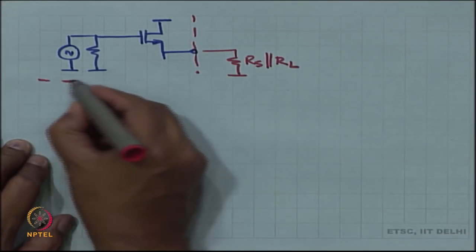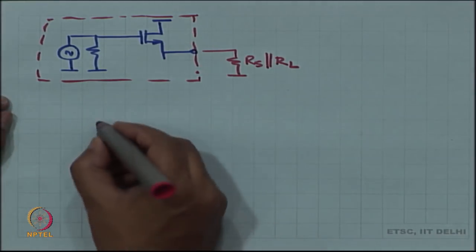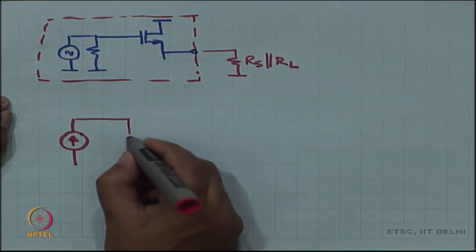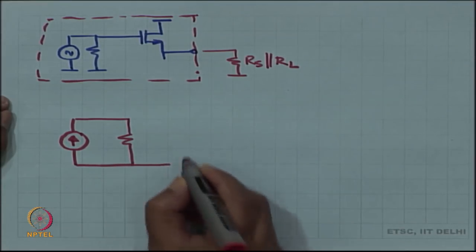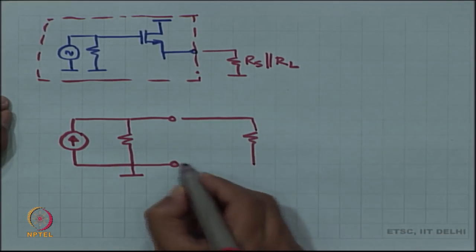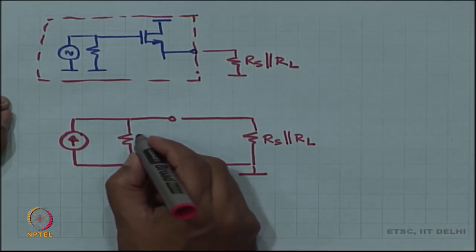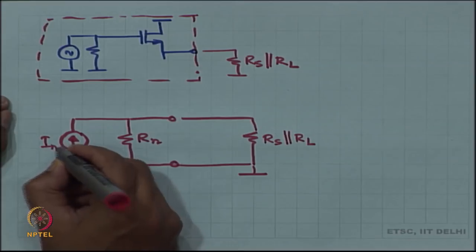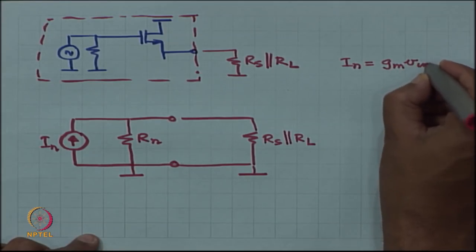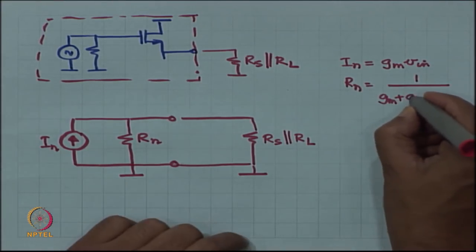This entire region can be modeled as a current source I n in shunt with R n, where I n is nothing but GM V in, and R n is nothing but 1 by (GM plus GMB plus GDS).